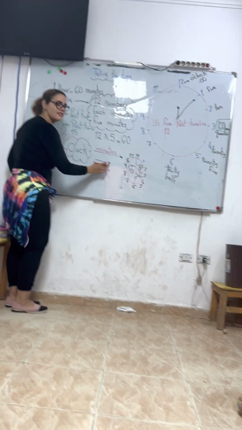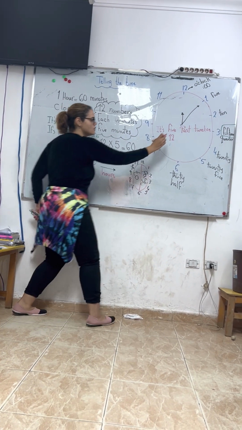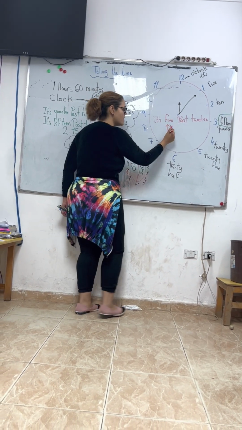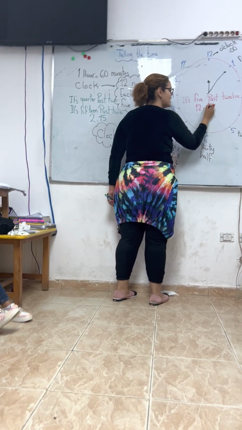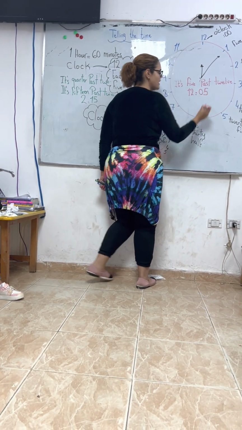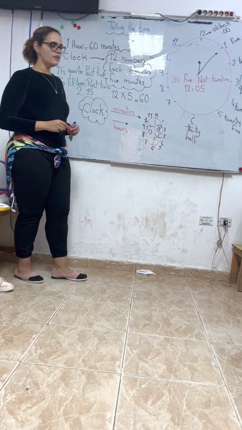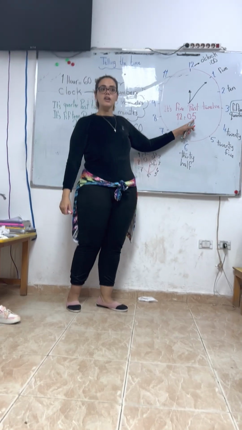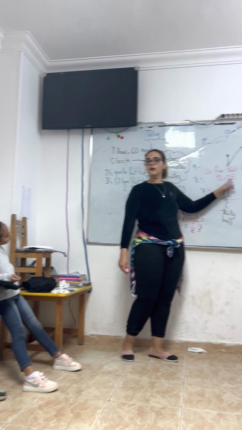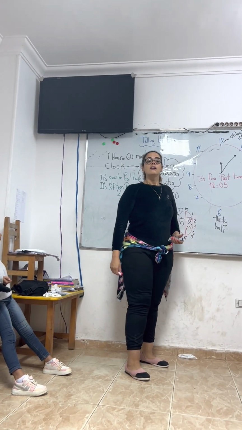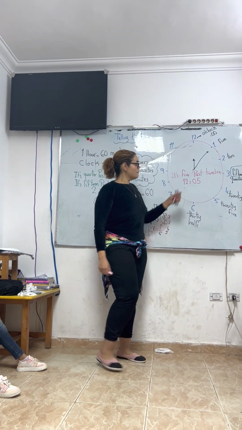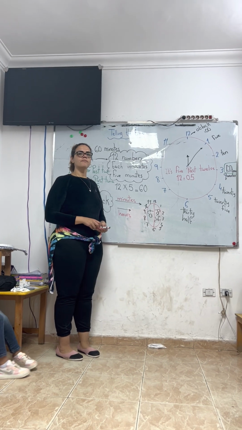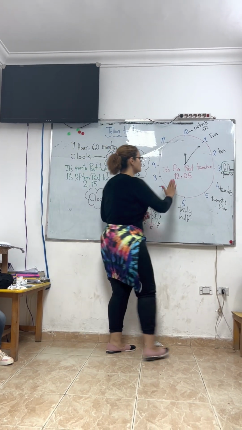The small one indicates hours. So it's 12 hours. How many minutes? 5 minutes. You know that this is the units and this is the tens. So we write the units first and the tens we replace with the number 0.